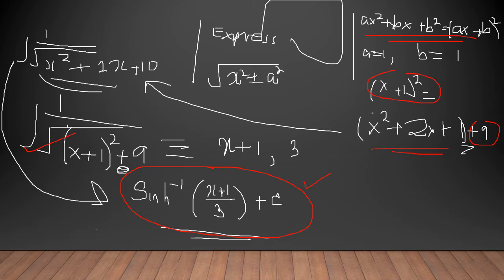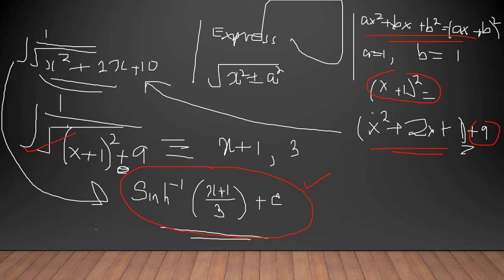1 all this over square root of all that, square root of this one, which is x now plus 1, we square, and then we add 9.